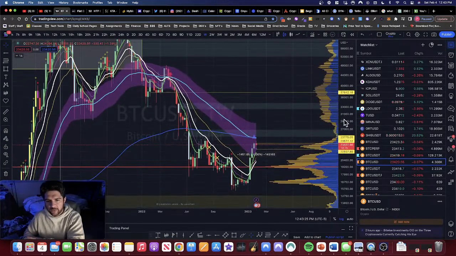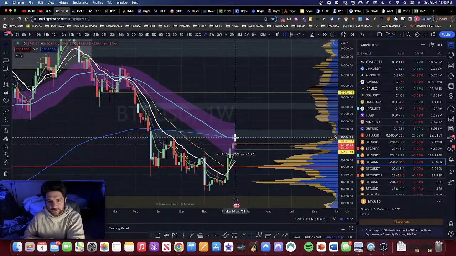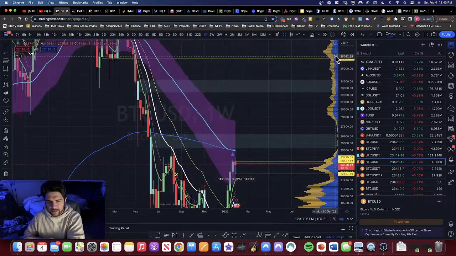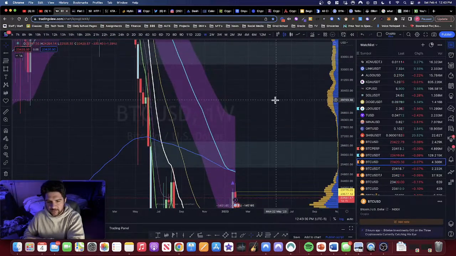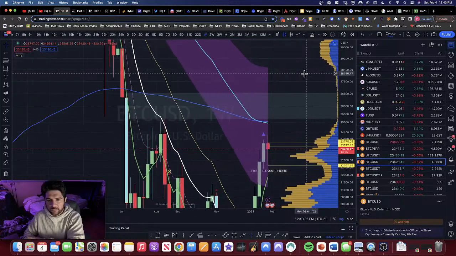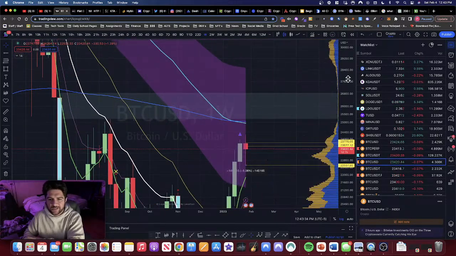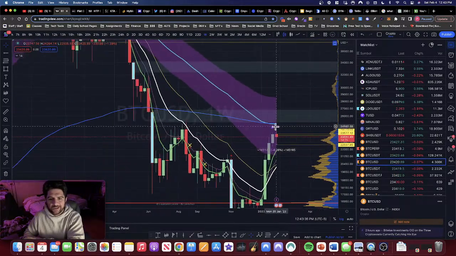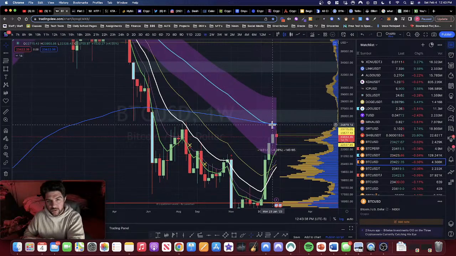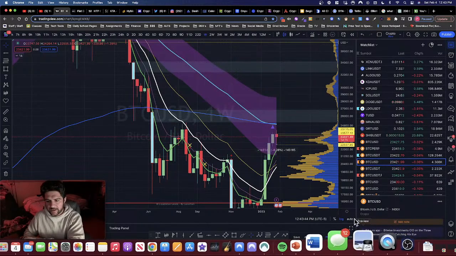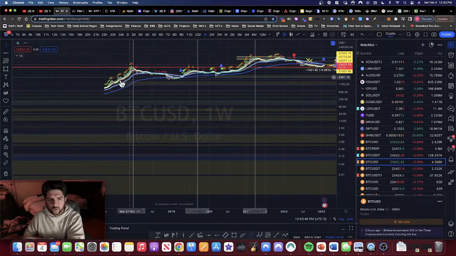All right, so now we got our weekly death cross on our EMAs, right? Now, on a lot of people's charts, the thing is that this is the longest data that we have on Bitcoin, right? Where the price actually goes back all the way in time.